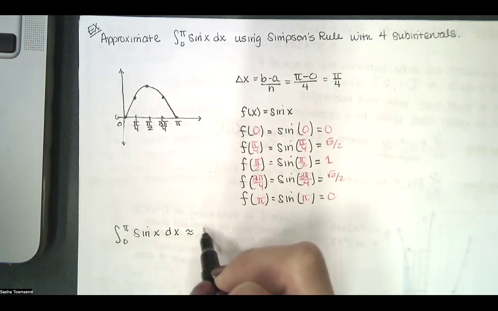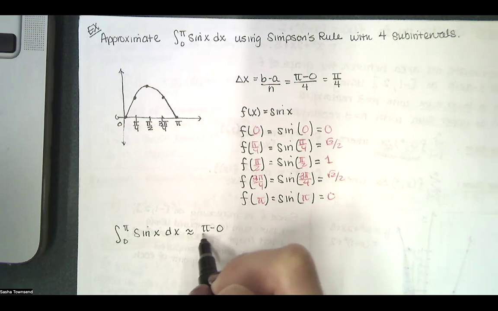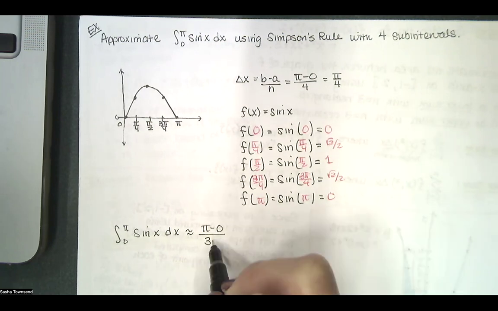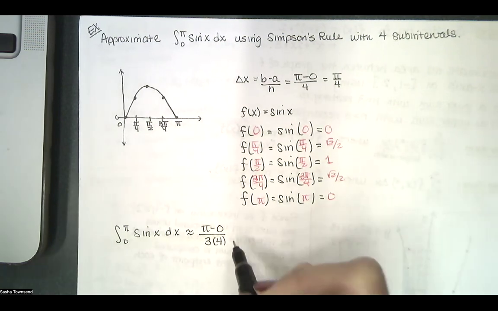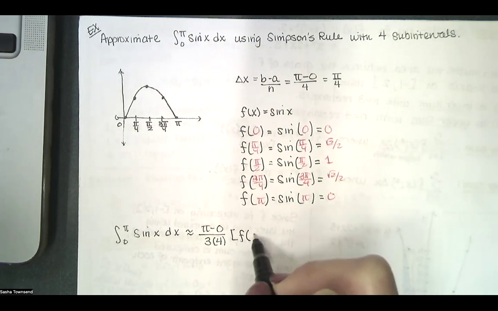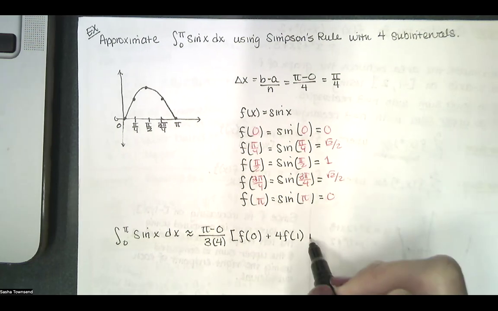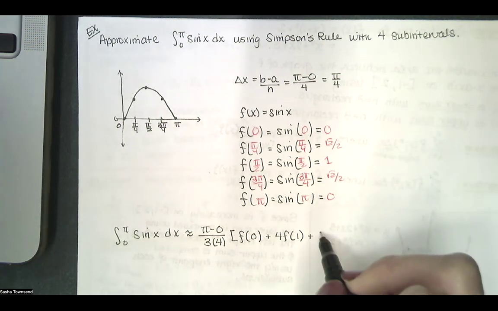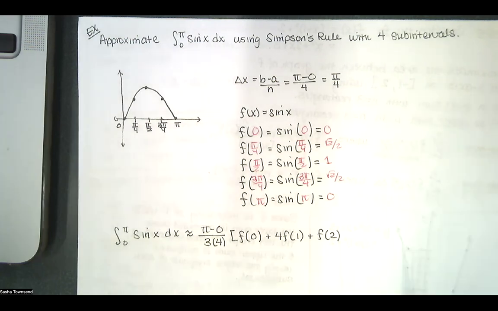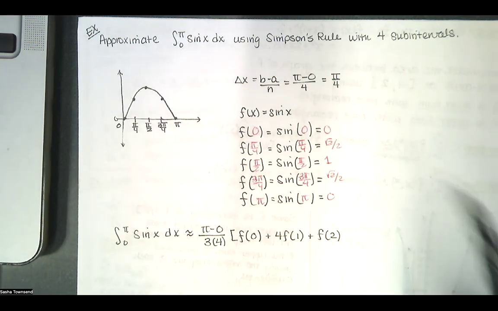It's going to be b minus a divided by 3 times n, and n is 4, times the function value at 0, plus 4 times the function value at 1, plus the function value at 2. And that's going to be our approximation on this interval.